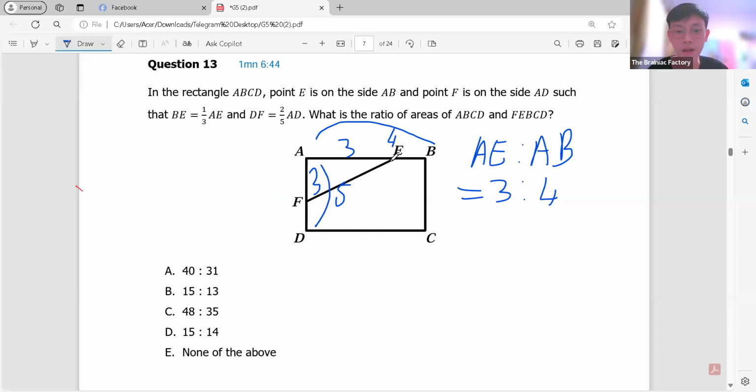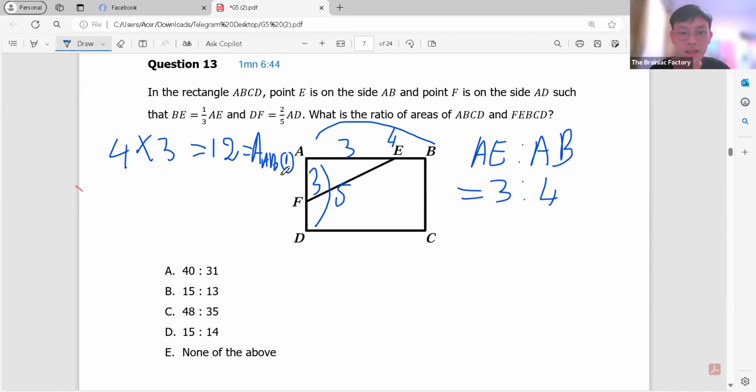It doesn't matter what the range is and what the common multiplier of the ratio is, but in this case, to be easy, we just let some number be so that we can easily calculate it. To find the area of ABCD, we have AB times AD, which is 4 times 3, equal to 12, which is the area of ABCD.